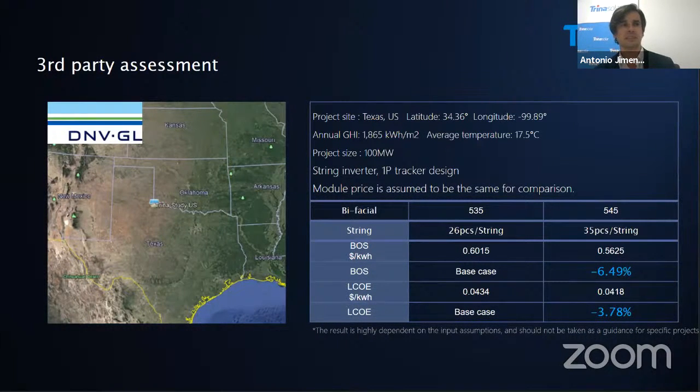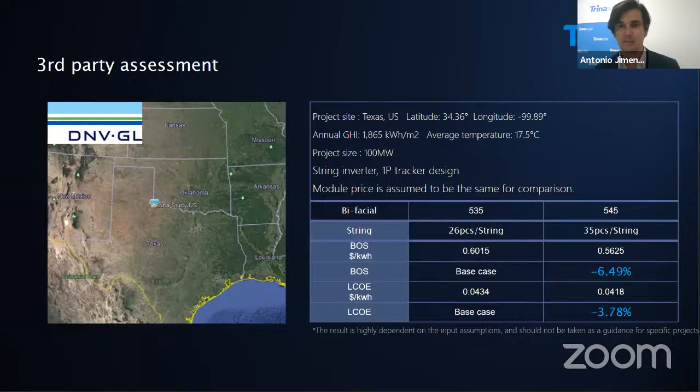We see that we reach in the US 6.5% in the BOS, and an LCOE reduction of almost 3.8%. And this is compared with a similar module of more than 500 watts. Compared with a module of less than 500 watts, it is even higher. So this is a good advantage.